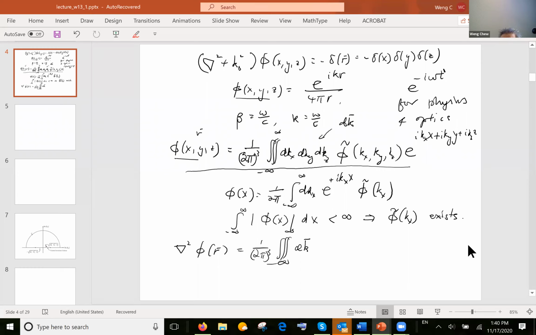Then I take the Laplacian inside, and I'm going to use a shorthand notation for this as k bar. The Laplacian now operates on this. The only thing that depends on x, y, z is this exponential function.